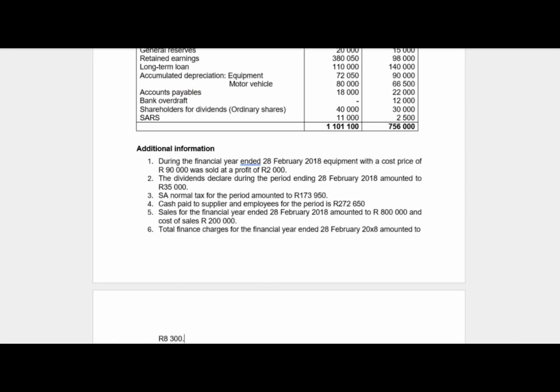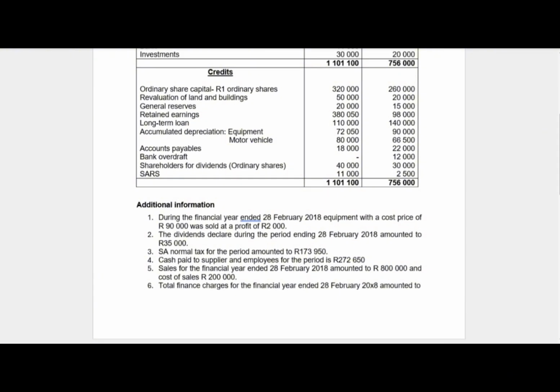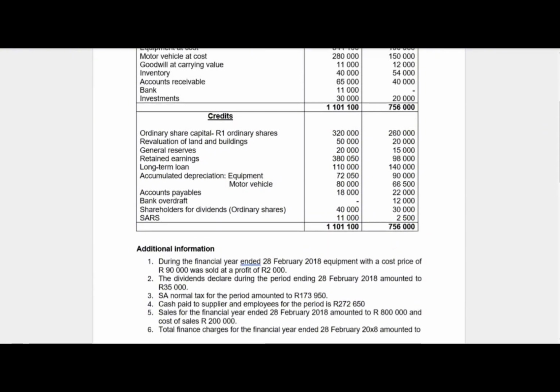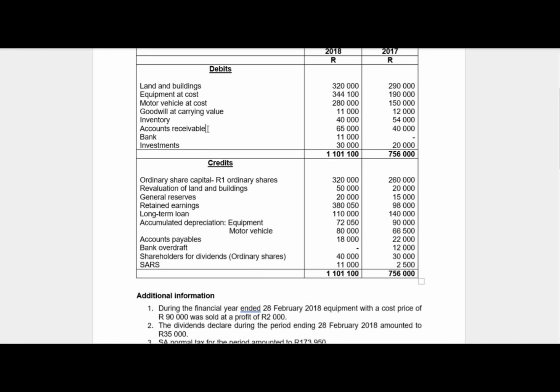And then we go to our question paper, in the list of balances right there, under debits. We are going to check our account receivable or our debtors, or debtors control. We are going to check whether there is an increase or decrease in our debtors.